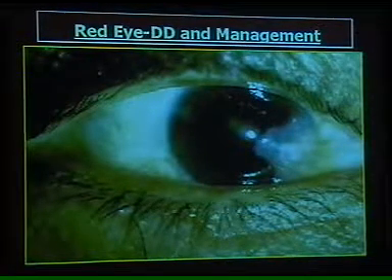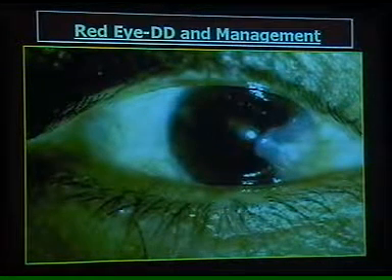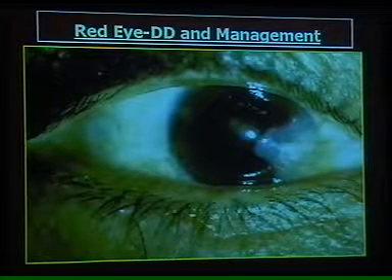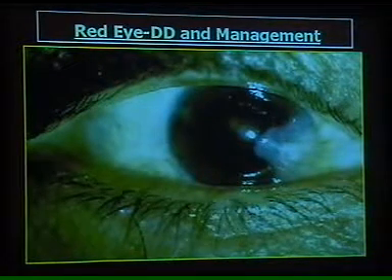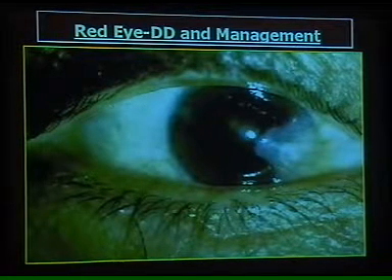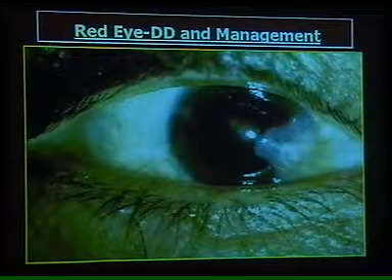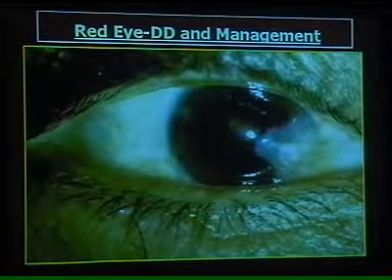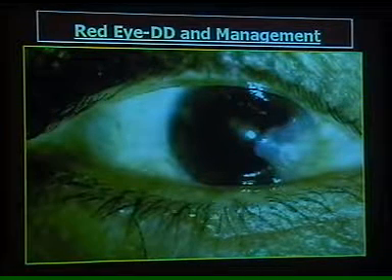Now there is an association of the dusty environment and ultraviolet light with the development of pterygium. So those who are susceptible or are in the process of building up a pterygium should be advised to avoid a dusty environment, number one. If not possible, they should wear good ultraviolet sunglasses. Now there are two types of glasses available.